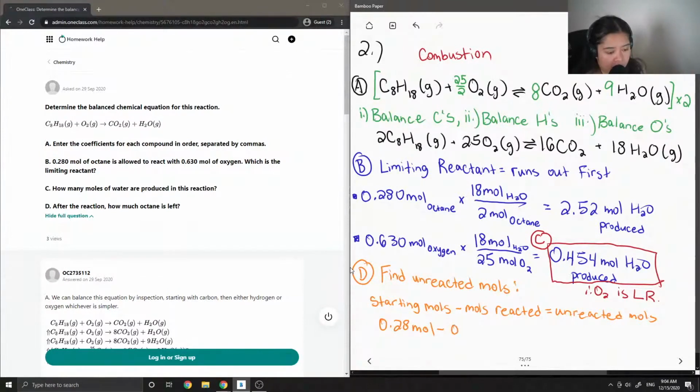So to do this, we need to multiply by the molar ratio between the limiting reactant, which is oxygen, and the octane.